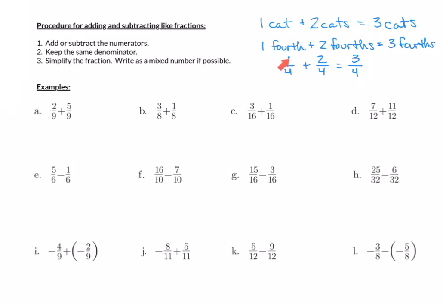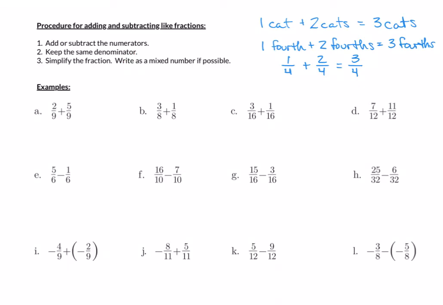Here, how did we get from 1 and 2 to 3? Well, we add 1 plus 2. So that's going to be our first step. Add or subtract the numerators. Notice here, my denominator stays the same all the way across. We keep the same denominator. And that's our trick for adding and subtracting fractions.